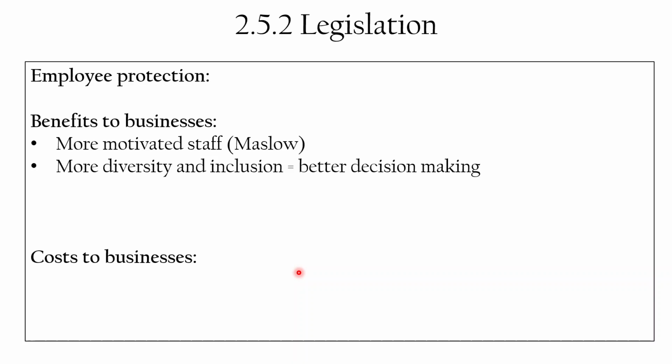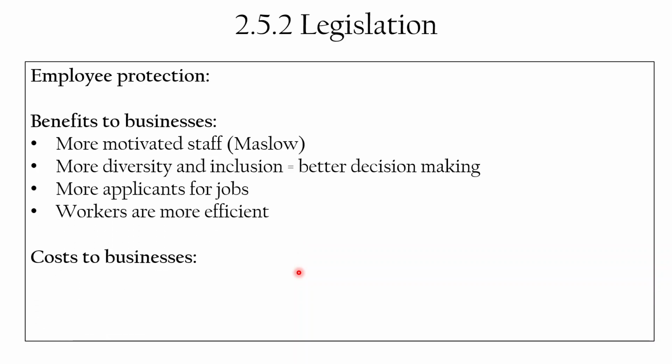And I believe that there is research that shows the more diverse a workforce, the more likely the business is to be profitable, and that could be argued to be a result of better decision making. There should be more applicants for jobs if people believe they're going to be treated fairly, and workers should be more efficient if they are motivated.